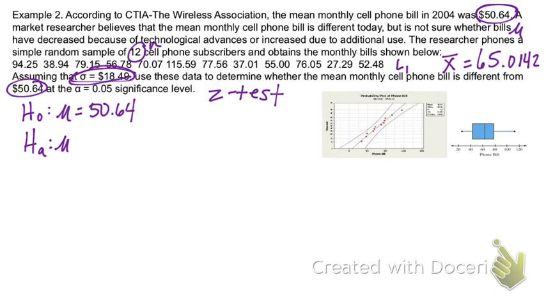My alternative is what? Mu is not equal, because it says the word what? Different. Good. And what does mu represent? True mean what? What's the context? Monthly cell phone bill. Good.